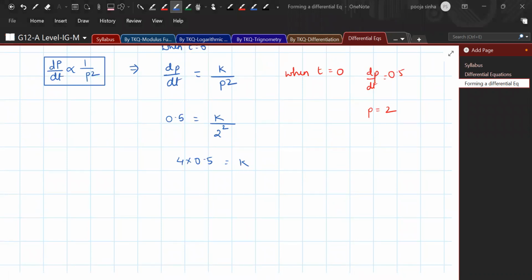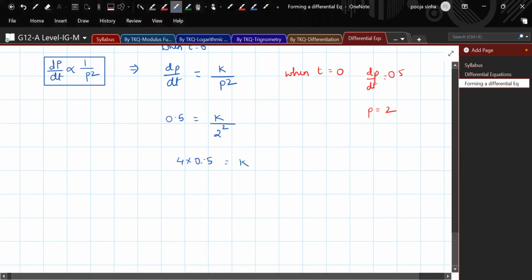Achha, K is equal to 2. So our differential equation, we are still solving the first part. Differential equation is dP by dt is equal to 2 upon P square.